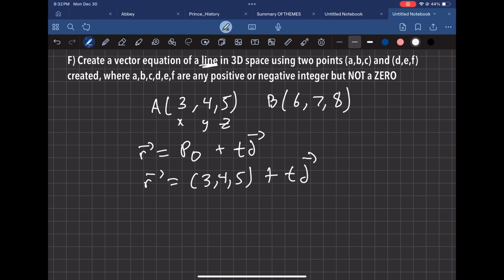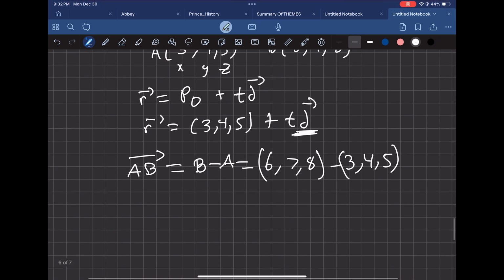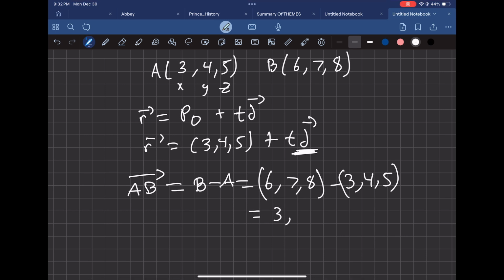Now the only thing left to do is solve for the direction vector, and we can do this by solving for the direction vector of line AB, which is equal to B minus A, it's equal to 6, 7, 8 minus 3, 4, 5. So 6 minus 3 is just 3, 7 minus 4 is 3, 8 minus 5 is 3.